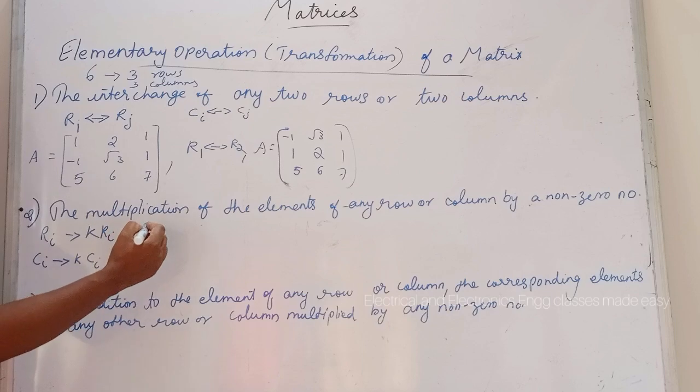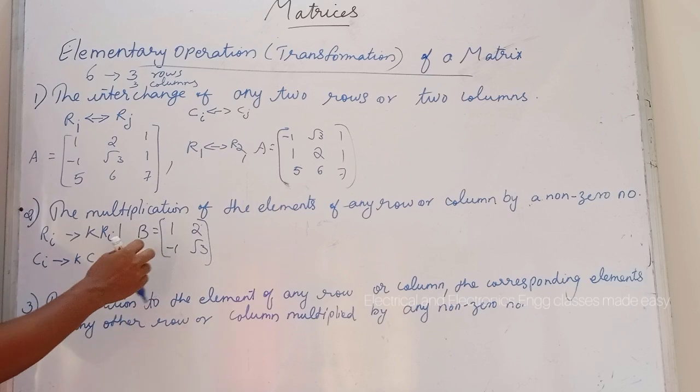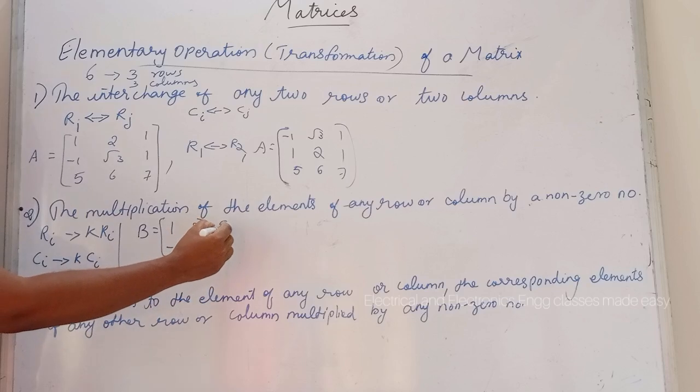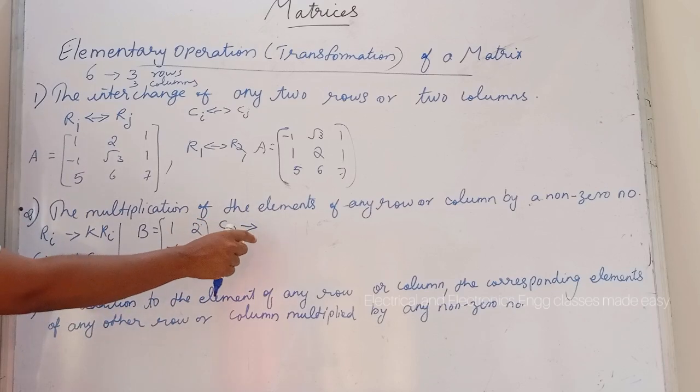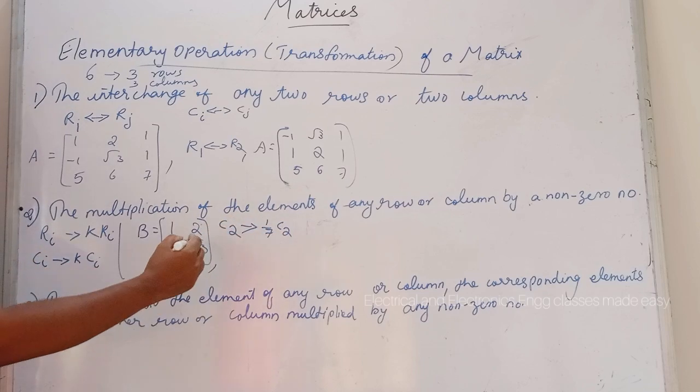For example, let B is equal to 1, 2, minus 1, root 3 is a matrix. Now to get C2 implies 1 by 7 C2. So what will be B?